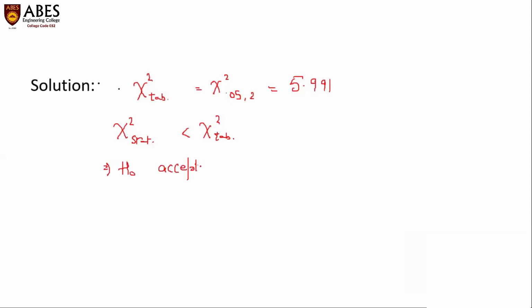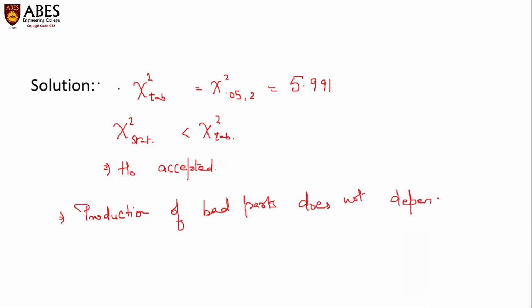That is, both the attributes are independent of each other, or production of bad parts does not depend upon the shift. So this is how we have reached the conclusion using chi-square test as a test of independence.